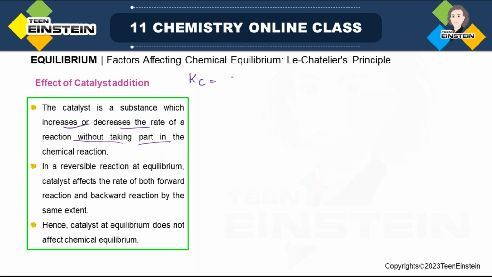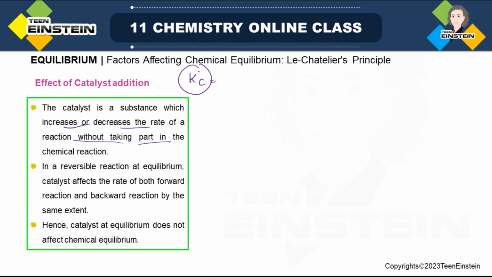So if both rates are affected in a similar way, to the same extent, because of the addition of the catalyst, these two effects will nullify each other, and ultimately there is no change in the Kc value. So a catalyst at equilibrium does not affect chemical equilibrium, right?